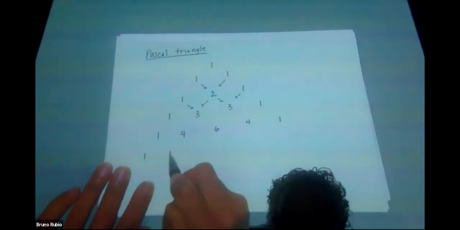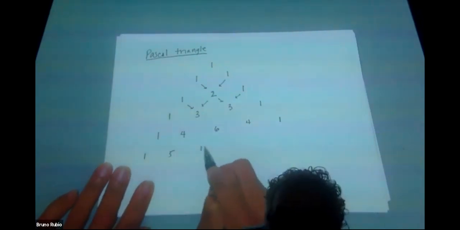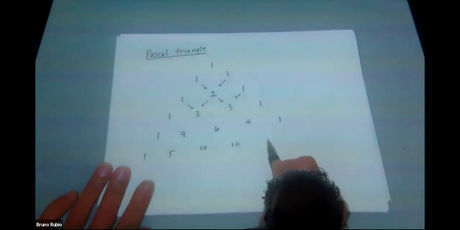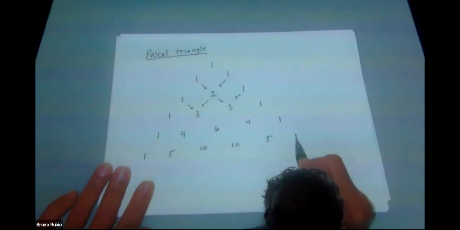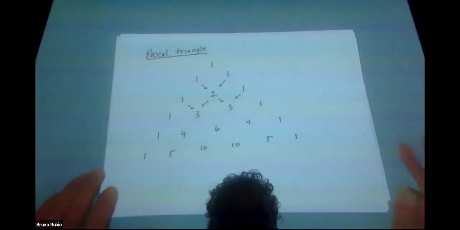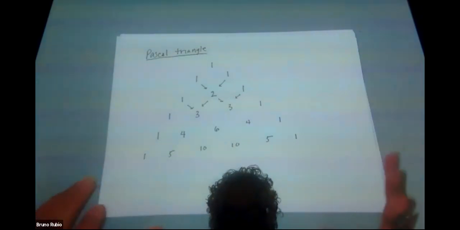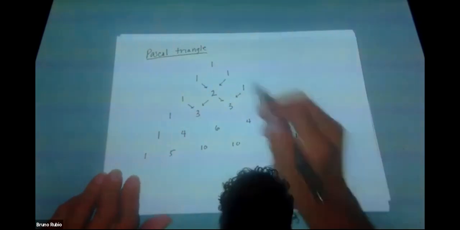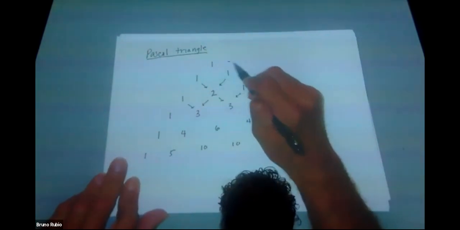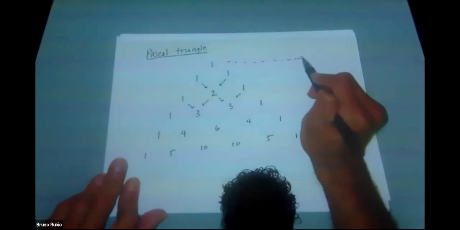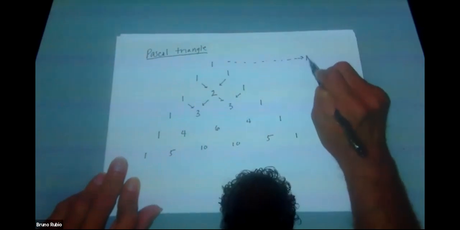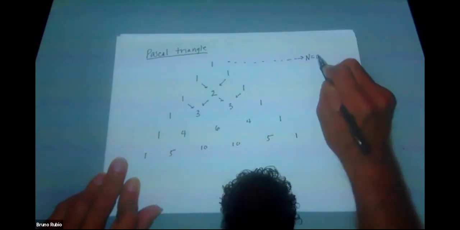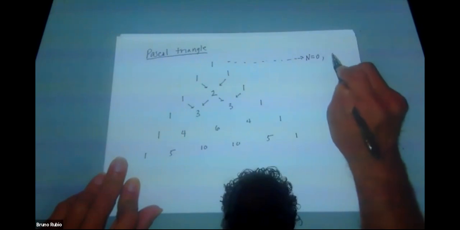Next line, 1, 5, 10, 10, 5, 1. And we could keep going, right? This is Pascal's triangle. And the importance of this for NMR is that this first line of Pascal's triangle is what happens when n equals 0. It's a singlet.